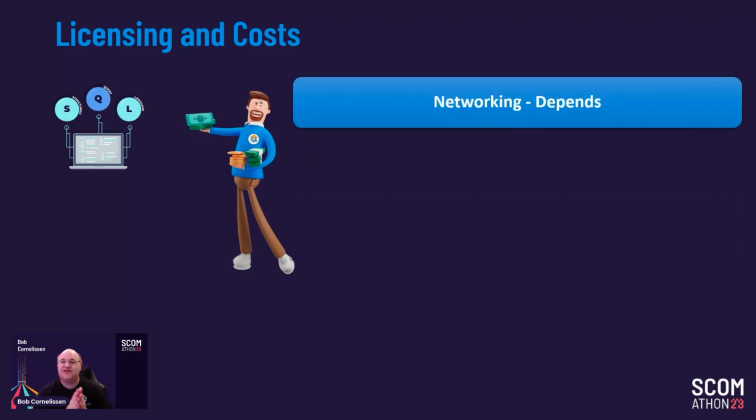So first of all, you've seen the prerequisites, right? The prerequisites list, first of all, networking. Here it says depends. So how much does networking cost? Well, it depends. Are we talking about the VPN? Are we talking about the Connect? Keep in mind, obviously, that SCOM is likely not going to be the very first tool which requires that network connection towards the cloud, in your case.